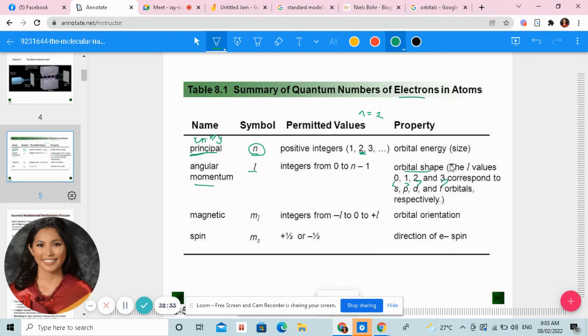Okay. Now, if n is equal to 1, what is the value of L? 0, ma'am. Okay, because we have this formula. So L is equal to 0. And what orbital is that?